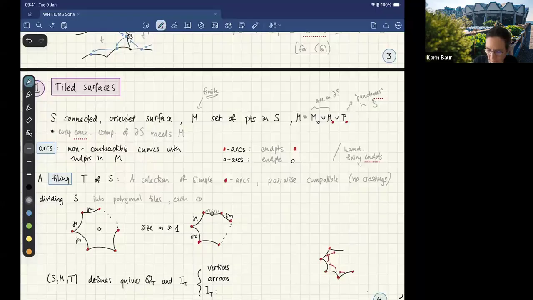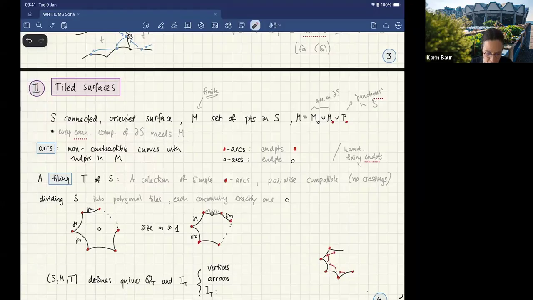Each containing exactly one circle point. So either your polygonal piece has arcs which are never on the boundary and all its endpoints are just red, and then you have to have a circle inside.